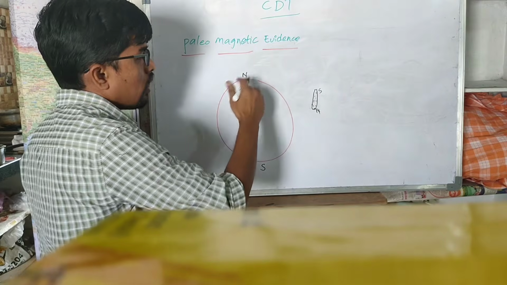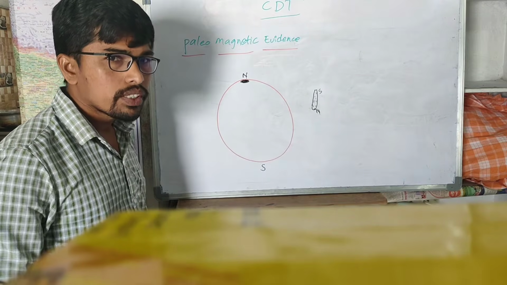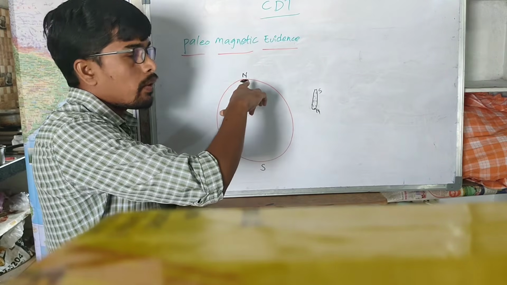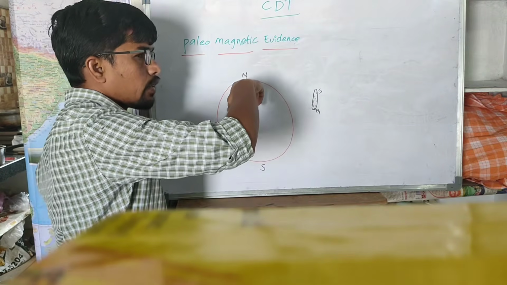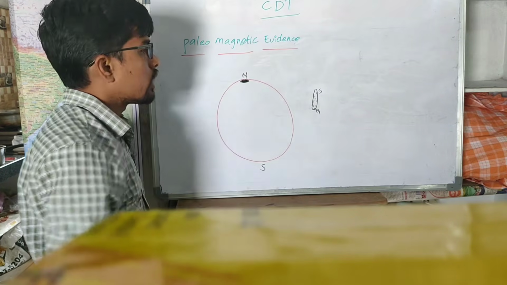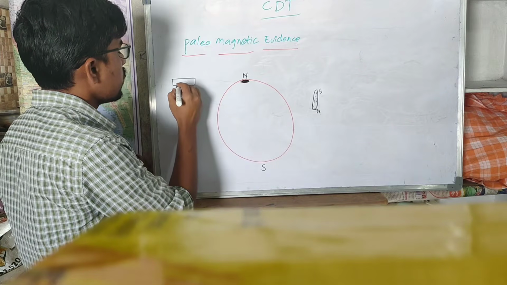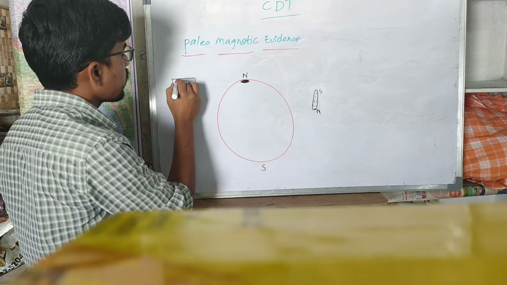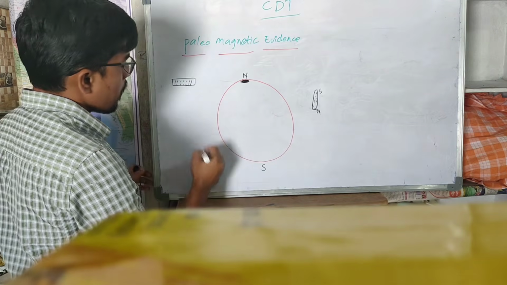The south pole of the rocks always attracts towards the north pole of the earth, so they always try to attach in the perpendicular direction at the poles. They are also like that at the south pole.